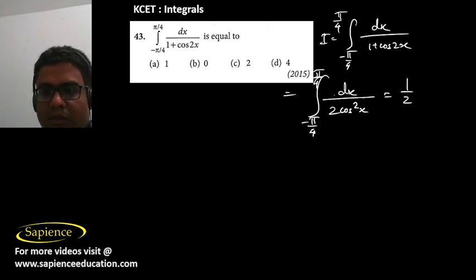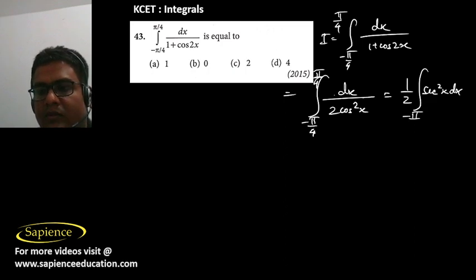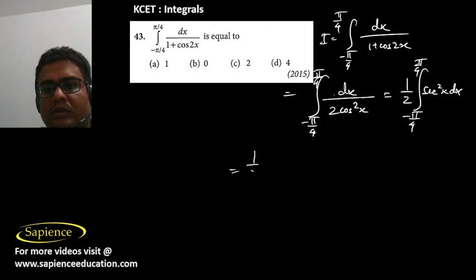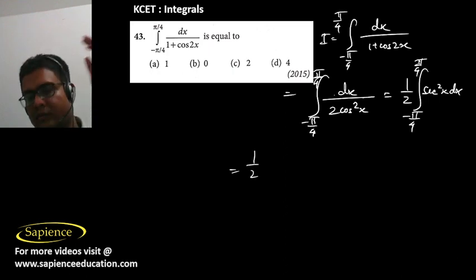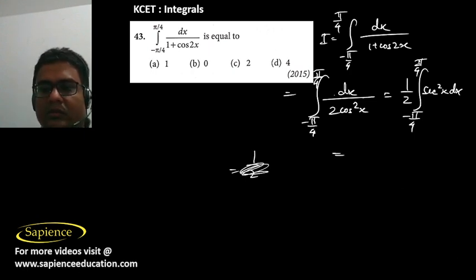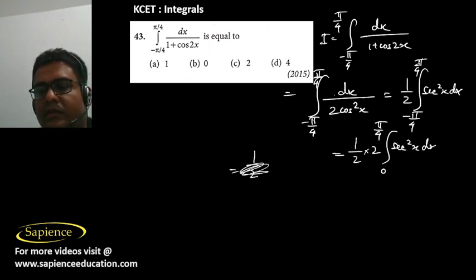This is integral secant square x dx from minus pi by 4 to pi by 4. So this is half of, now we know that this will be equal to half into 2 into integral 0 to pi by 4 of secant square x dx. Why?